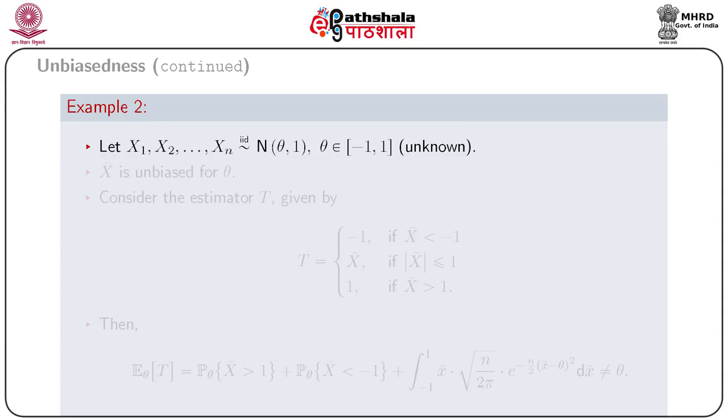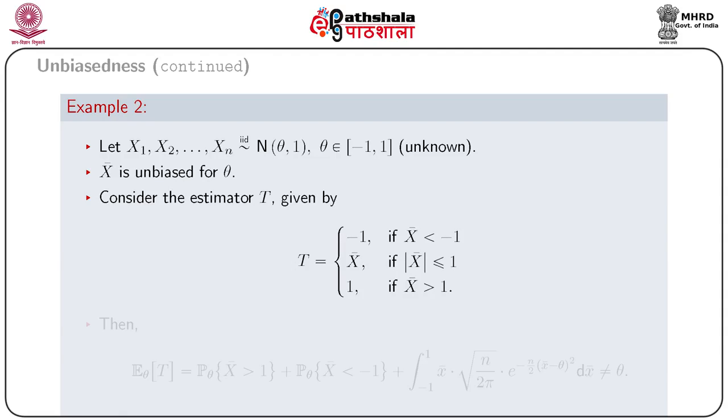Suppose X1, X2, up to Xn are independently distributed normal(theta, 1) random variables, where theta is unknown and it is known that mod theta is less than or equal to 1. Here X bar is unbiased for theta because X bar follows normal with mean theta and variance 1 by n.